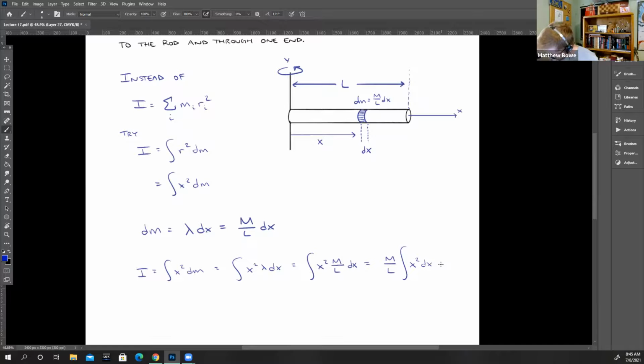So it's right around here where we need to start considering the range. This isn't an indefinite integral. It is from 0, right here, the axis of rotation, all the way to L. From 0 to L.